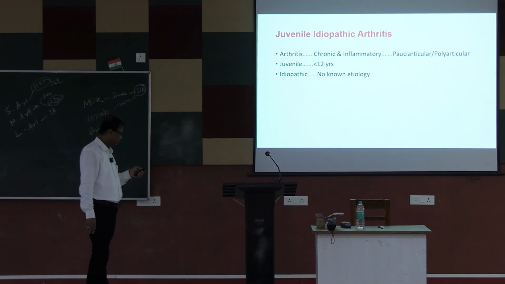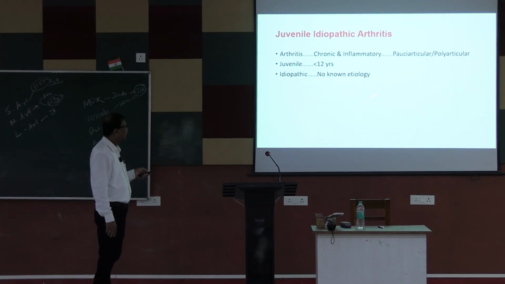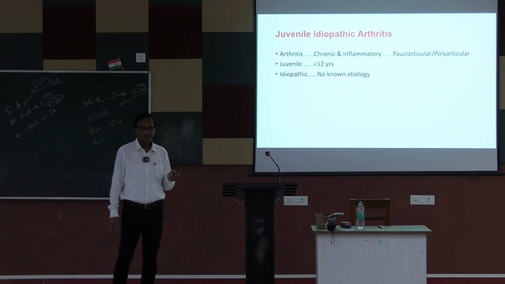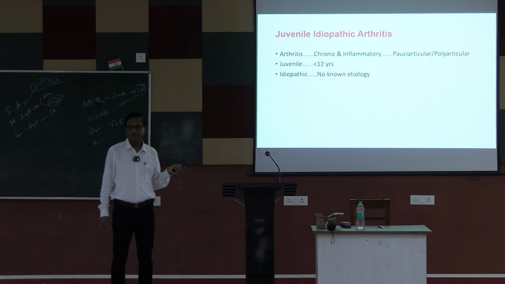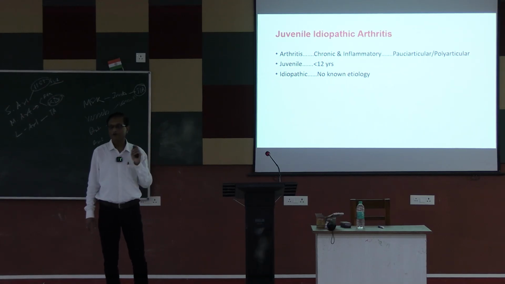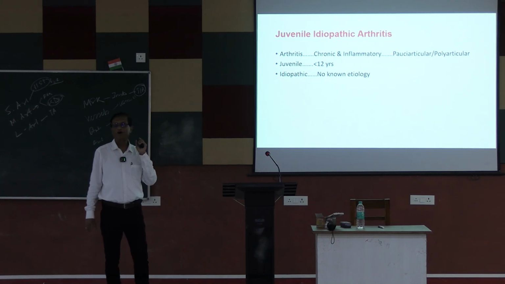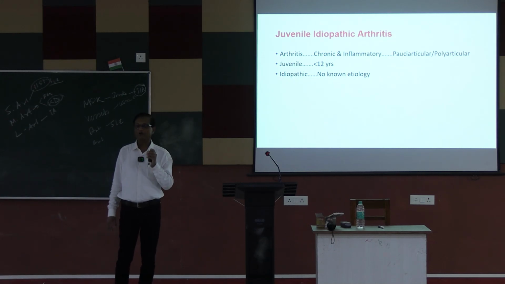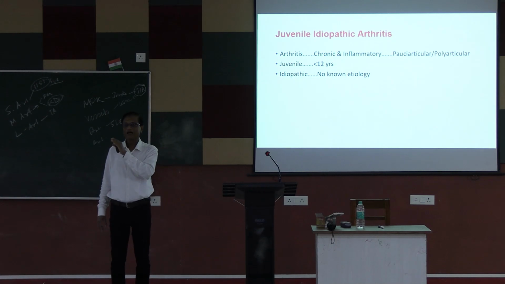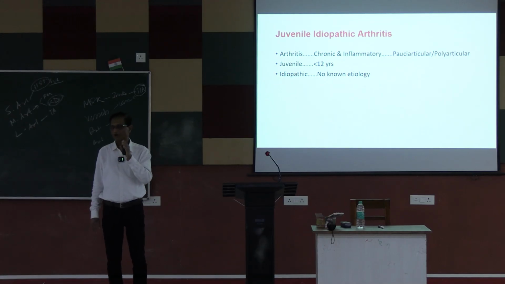Juvenile means less than 12 years, and idiopathic means no known etiology.